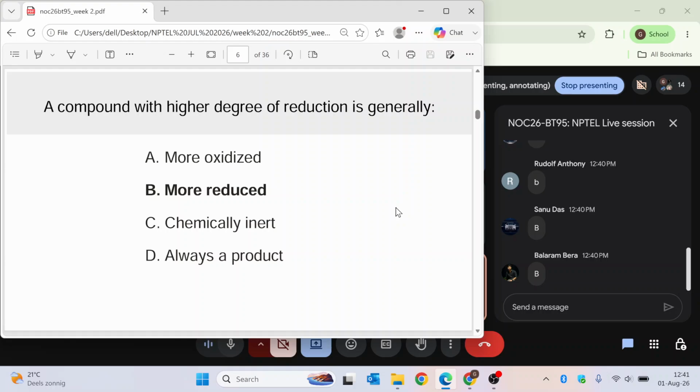So first of all, we all know what degree of reduction is. Degree of reduction means the equivalence of available electrons in a material per gram atom of carbon. That is what we define degree of reduction to be. But why is it important?